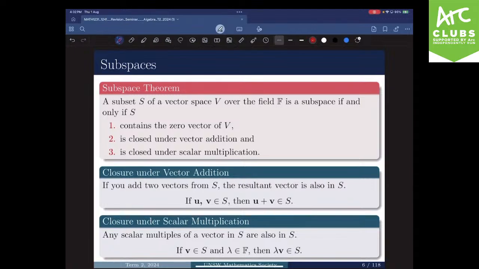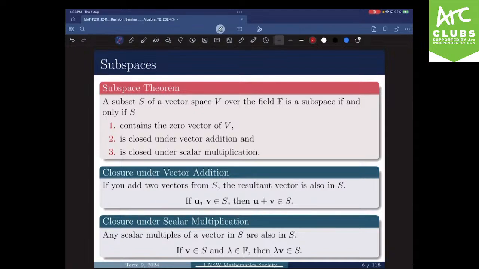So how do we know if a subset is a subspace? We know it's a subspace if it contains the zero vector, if it's closed under vector addition, and if it's closed under scalar multiplication. Here's how we define closure.